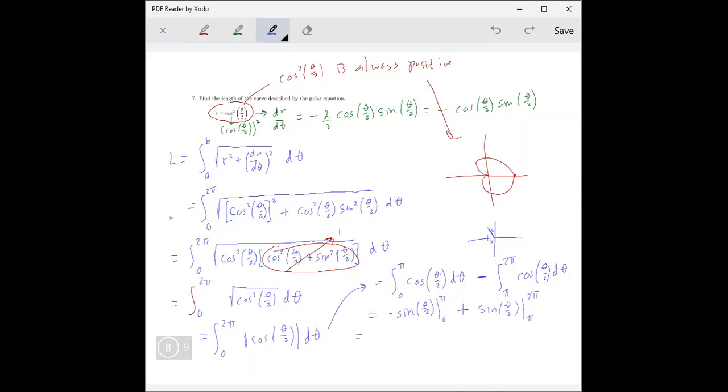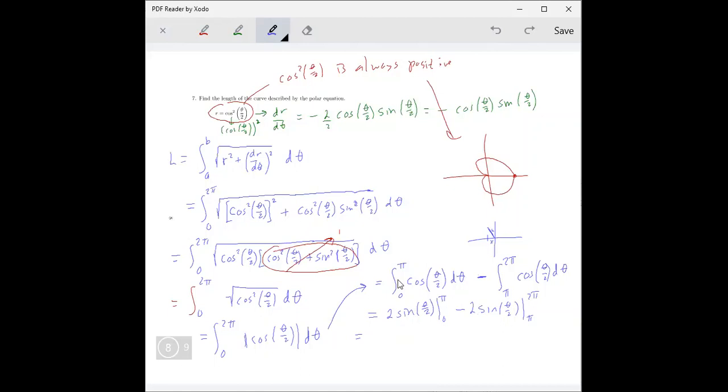So I plug in the upper, wait a minute, what am I doing? No, this is positive. I got things a little bit backwards because it's Monday. On Monday, I'm allowed to do that. Okay, so the integral is just sine of theta over 2, times 2. Well, I got things way backwards. Okay, so there's a 2 right there.